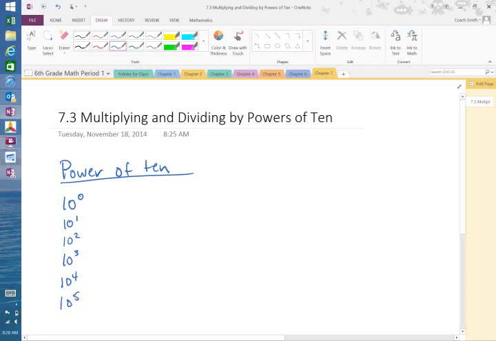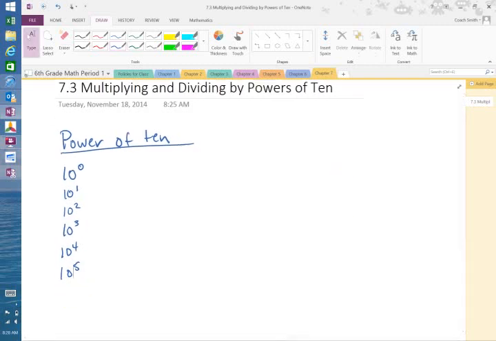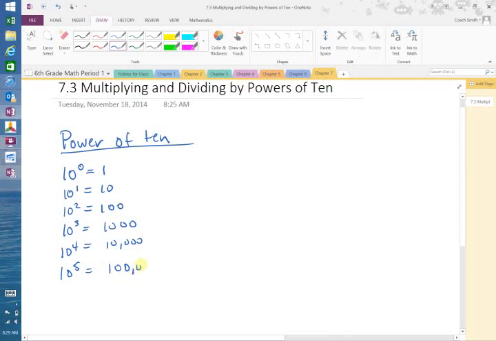Those would be examples of powers of 10. Now, they can also be expressed in this form. All of those are powers of 10.